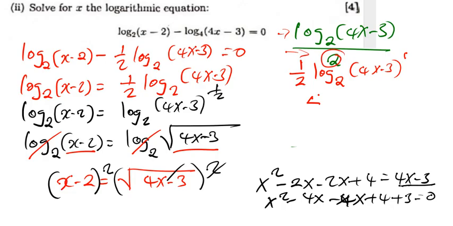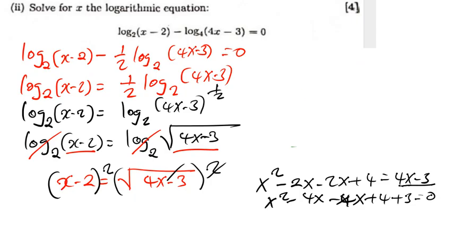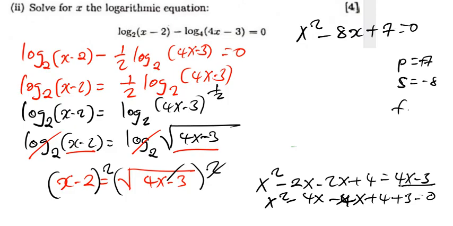So my quadratic equation will be x squared minus 4x minus 4x, that gives me negative 8, then plus 4 plus 3, 7, is equal to 0. So we have the product positive 7 and the sum negative 8, so the factors should be negative 7 and negative 1.